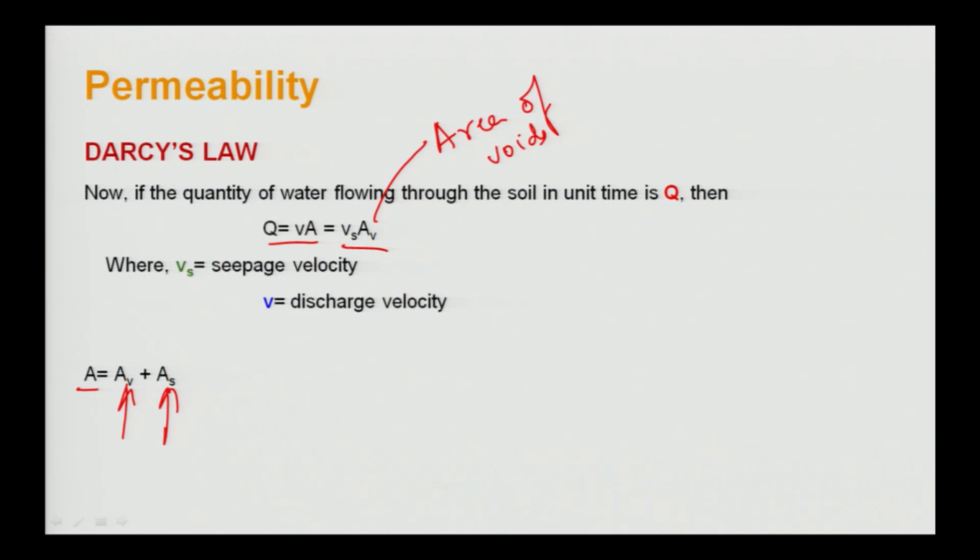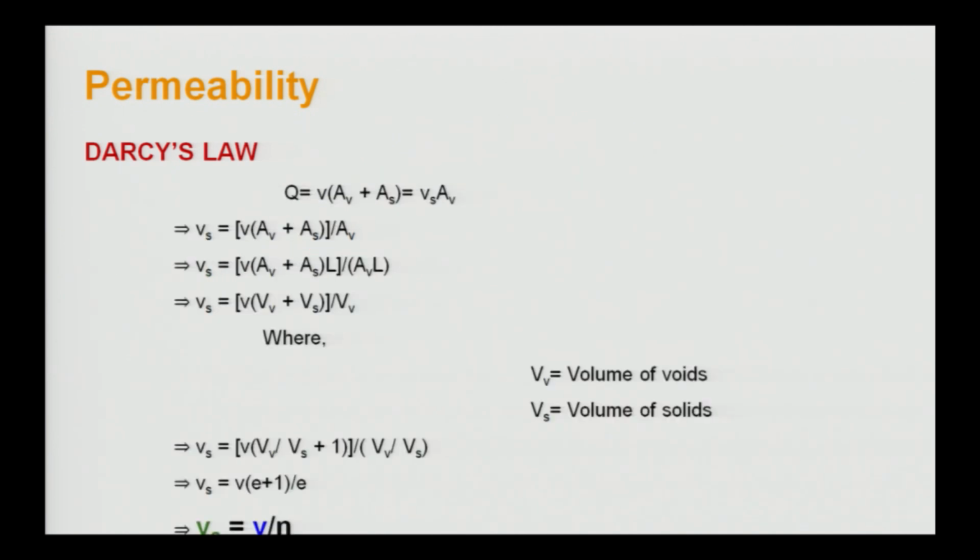So, V into A is equal to Vs into Av. A can be written as Av plus As, so Vs will be equal to V times (Av plus As) divided by Av.